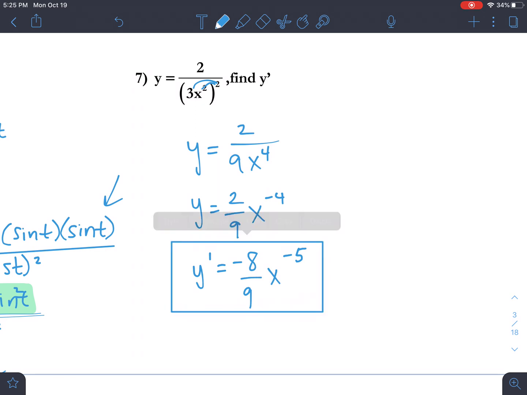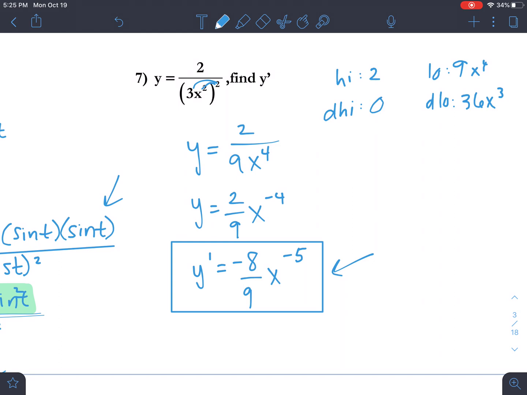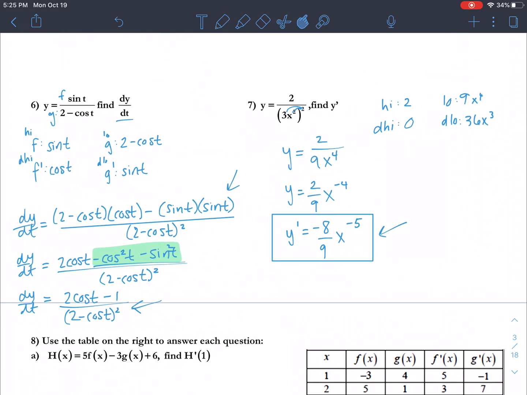So if you did quotient rule and you did, the high function was 2 and d high would be 0, low is 9x to the 4th, and d low would be what, 36x to the 3rd. Okay, you would get the same exact answer as this, but you'd be spending a lot more time than just doing the power rule. So I just wanted to point those out to you every so often.